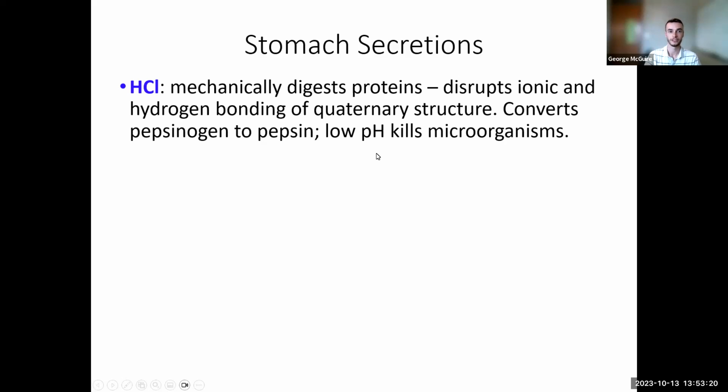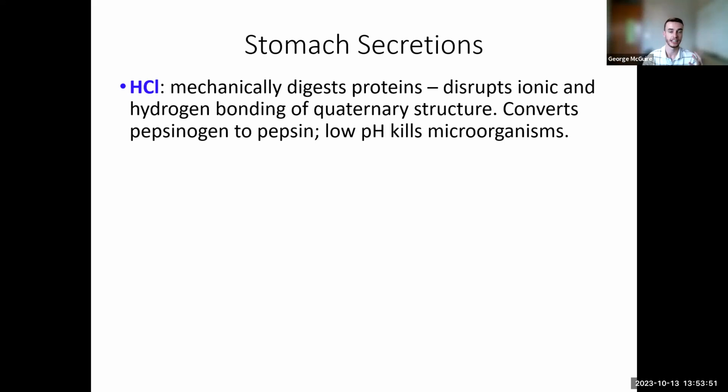So a bit more detail on what molecules are actually present in our stomach and our gastric juices, starting with hydrochloric acid. This is what is digesting proteins, disrupting those hydrogen bonds that produce those secondary and tertiary structures. Think about a piece of string that's been tied into a really thick knot. The hydrochloric acid comes in and helps detangle that knot until we get a long piece of string.